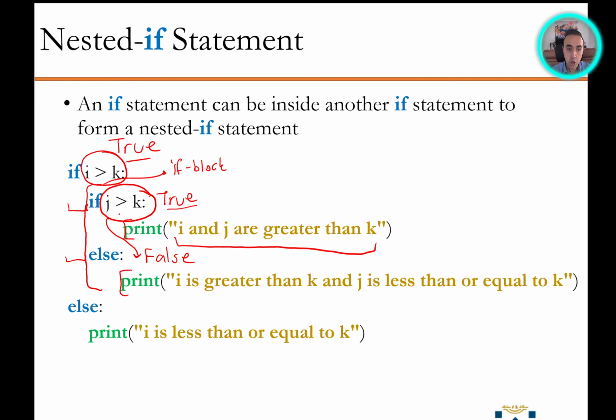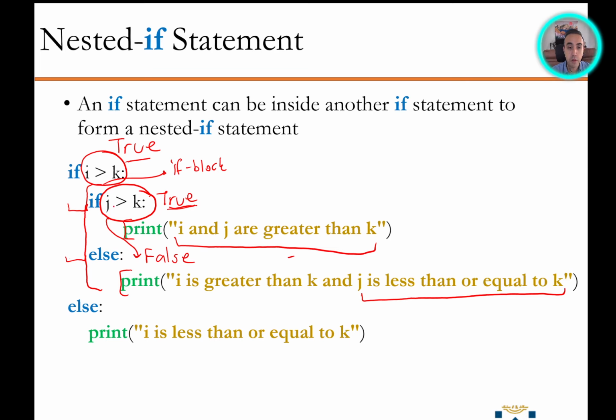So if this is false, we know that, in other words, j is not greater than k, or j is less than or equal to k. That's how we know this is false. We are inside here when this is false.